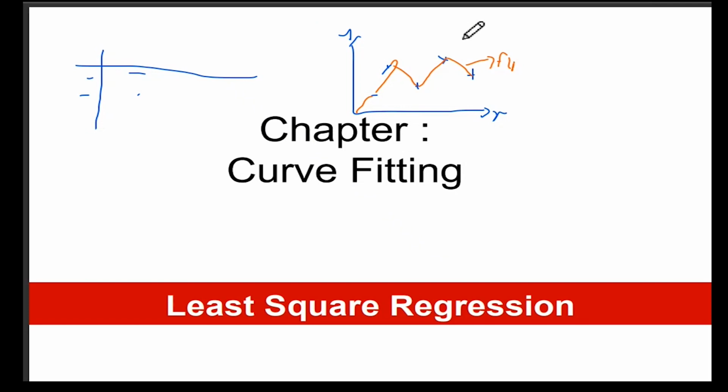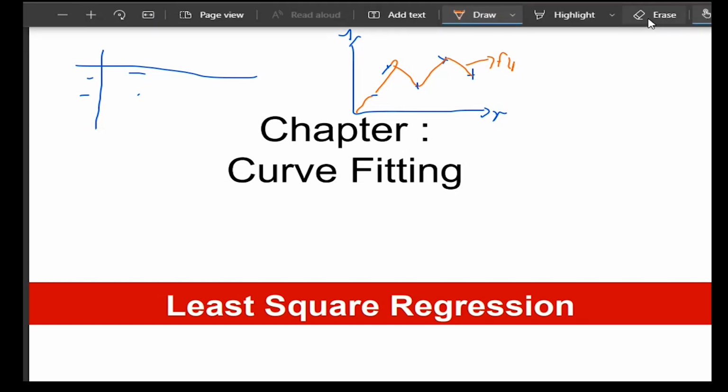Okay. But instead of creating this kind of line, which is very hard for you to find this kind of function, what we learn today is we will start off with the least square regression. So for least square regression, what we want to do is we want to find a straight line. So we will represent our data arrangement here by using a straight line.